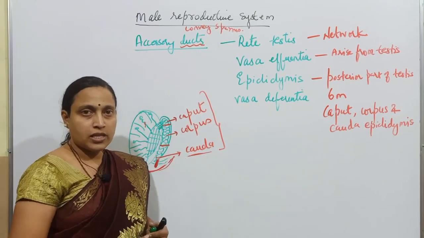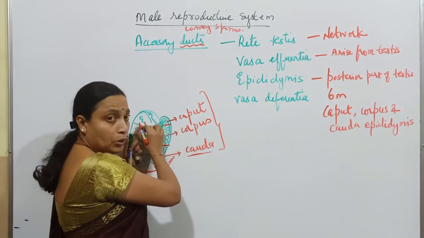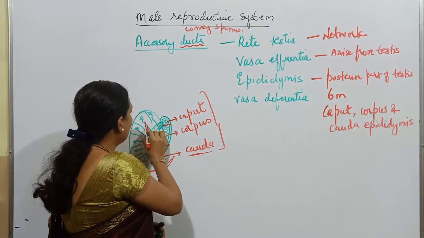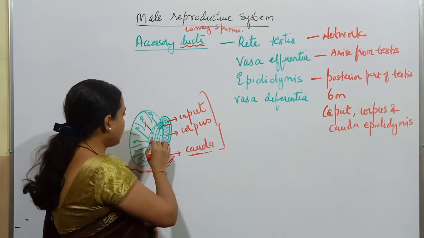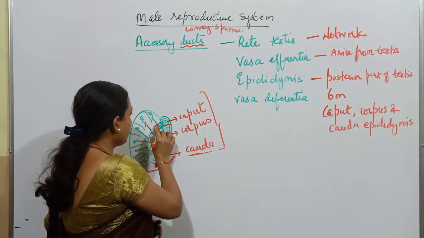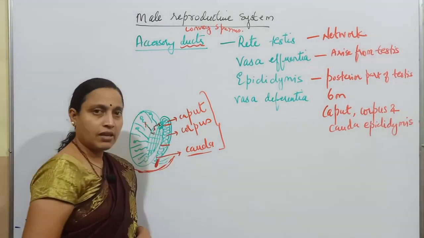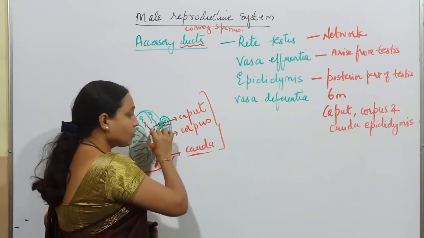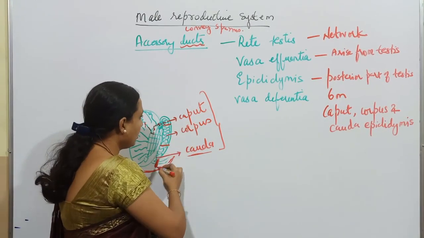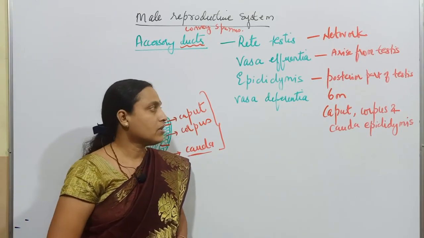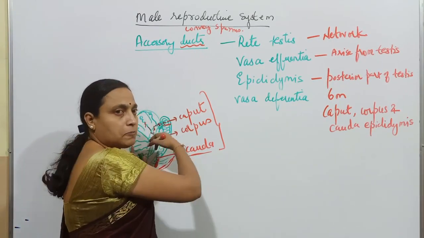So the sperm produced in the seminiferous tubules should move to the tubuli recti, and from there reach the rete testis. From there the sperm should reach the vasa efferentia, and finally go outside the testis and reach the next part called epididymis. How does the sperm move there?